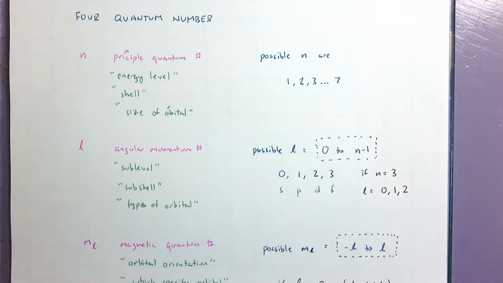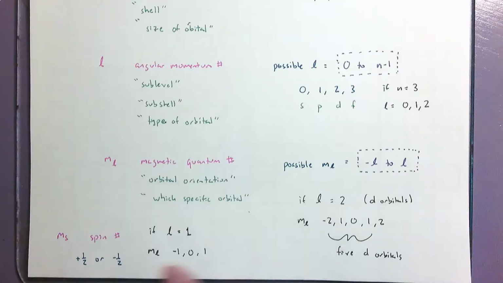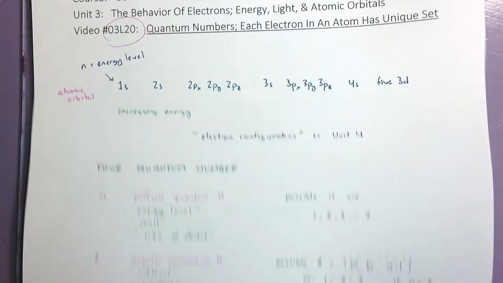Let me give you an example problem. I'm going to list 3 quantum numbers. I'm going to ignore the spin because spin is always plus half and minus 1/2. Those are the only 2 choices all the time for every single electron.